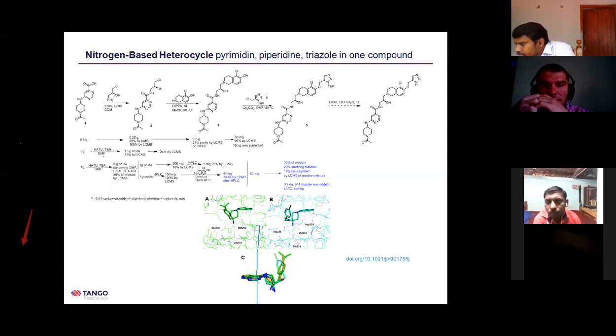The synthesis has good yield from each study, and these compounds went to screening.